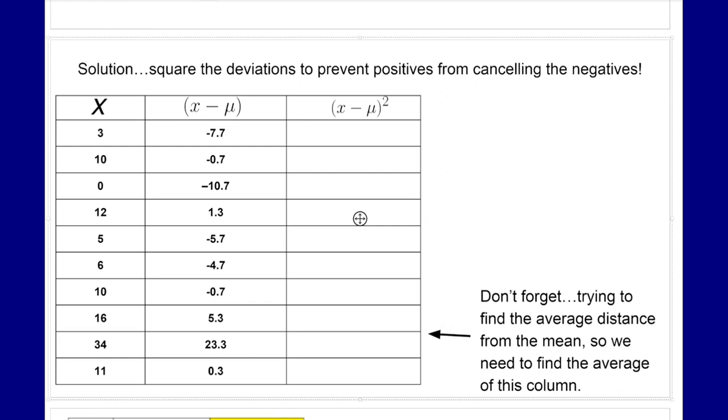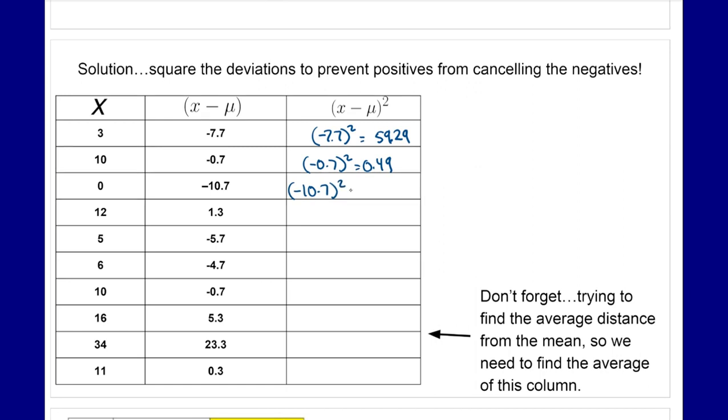So negative 7.7 squared equals 59.29. Negative 0.7 squared is 0.49. Negative 10.7 squared equals 114.49, and so on. We can continue down.